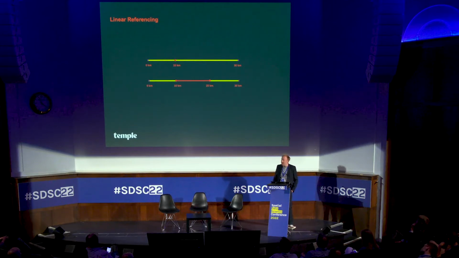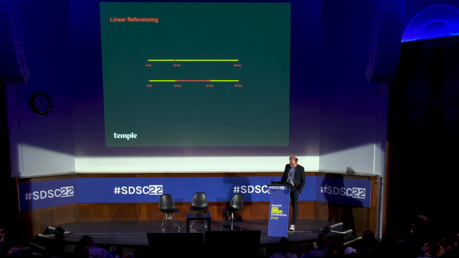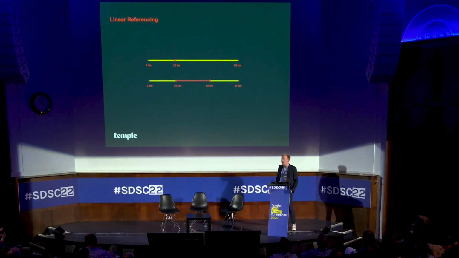This is known as linear referencing. On the top line here, we can see the use of a single point to identify something that is 10 kilometers along this 30-kilometer linear feature. And in the second line, we're showing how we can represent a section of that linear entity.